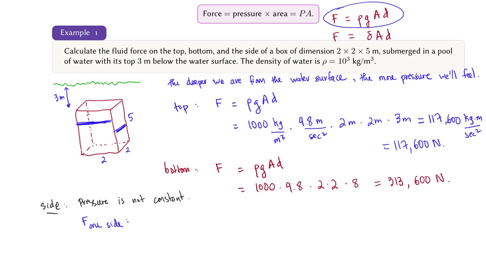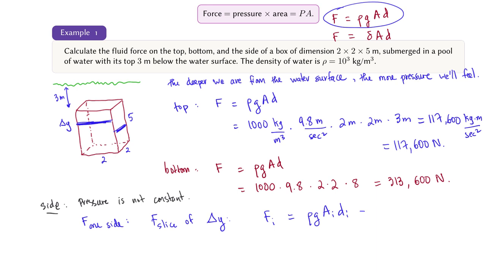To find the force on one side, we first find the force on the slice. This force is assumed to be constant because the delta y is thin enough that at any point on this slice, the pressures are the same.